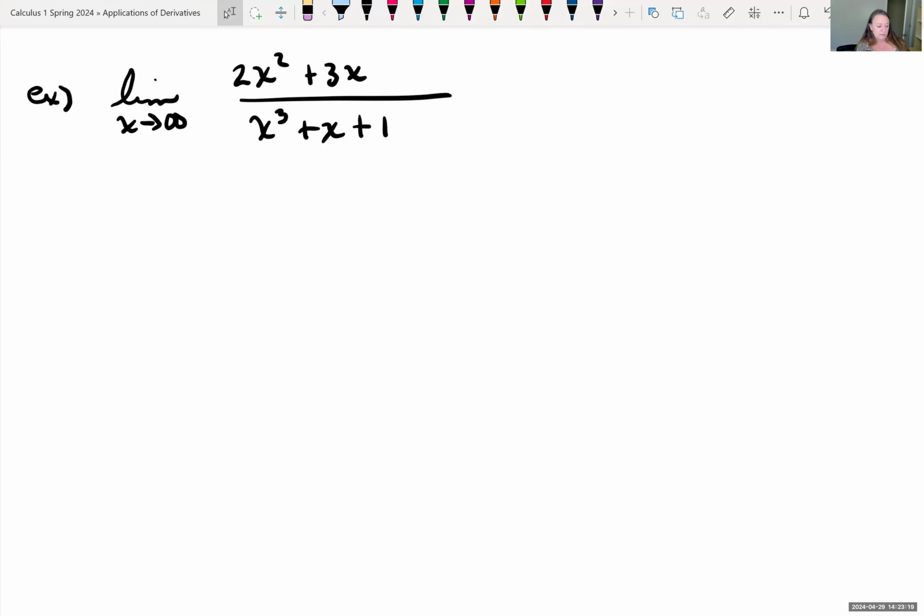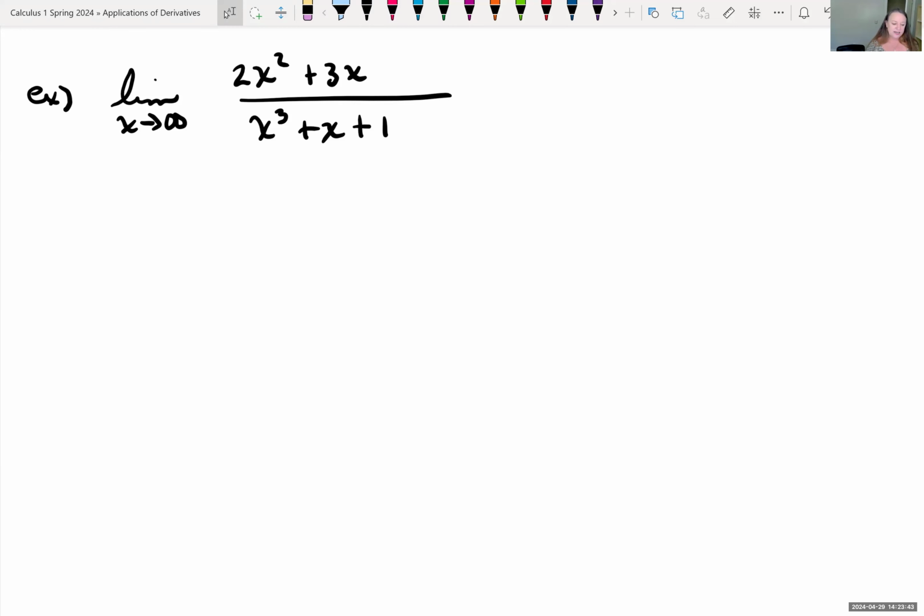The next example in front of us is the limit as x is going to infinity of 2x cubed plus 3x all over x cubed plus x plus 1. The directions say use L'Hopital's rule to evaluate this limit, then evaluate the limit using the method that we used at the beginning of the semester.